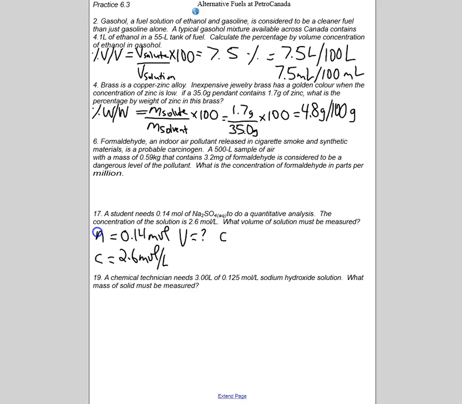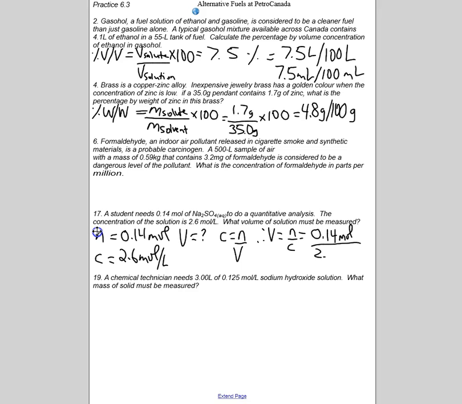Well, concentration for molar type is like molar density. It's number of moles divided by the volume. So therefore, from that, volume would be the number of moles divided by the concentration. So we can see how many times will 2.6 divide into 0.14? Well, not even once.